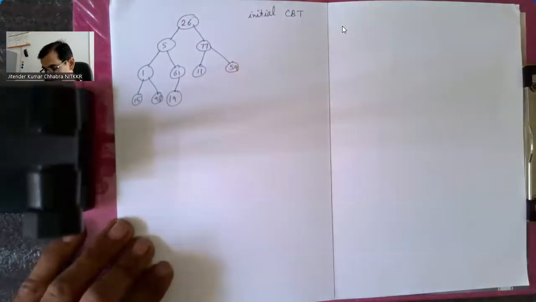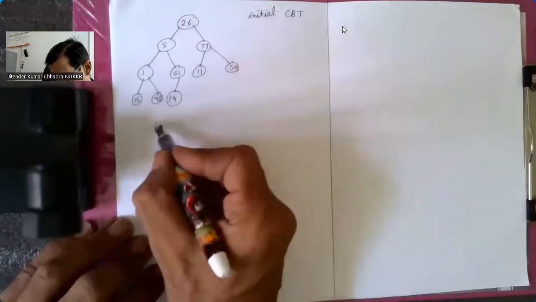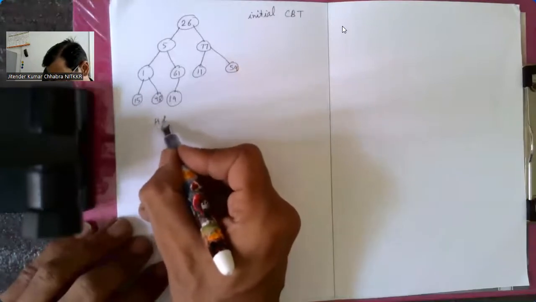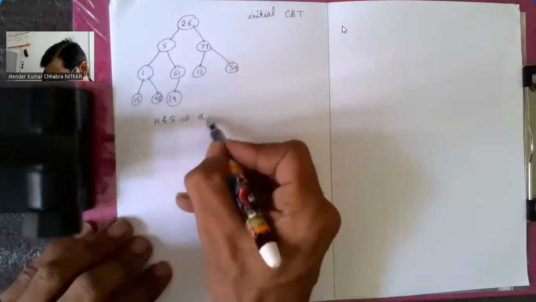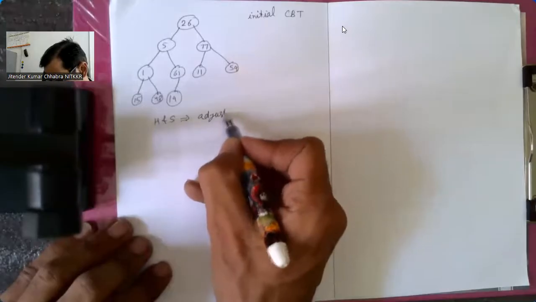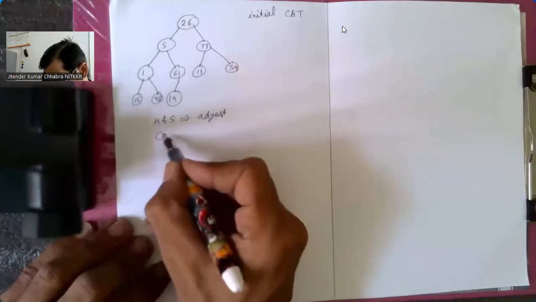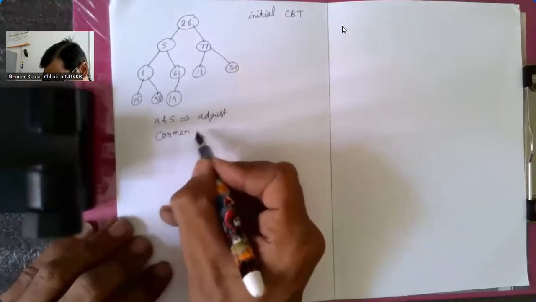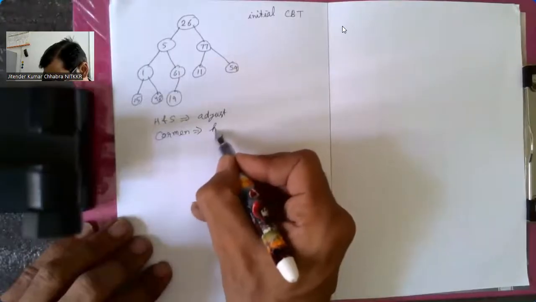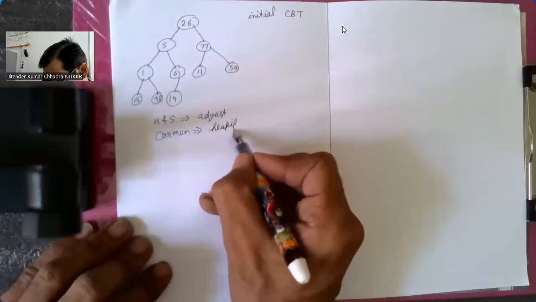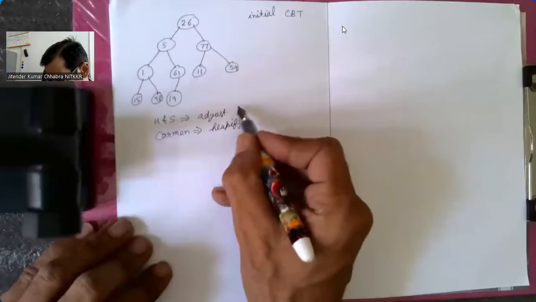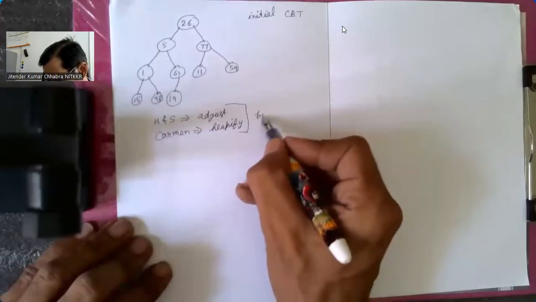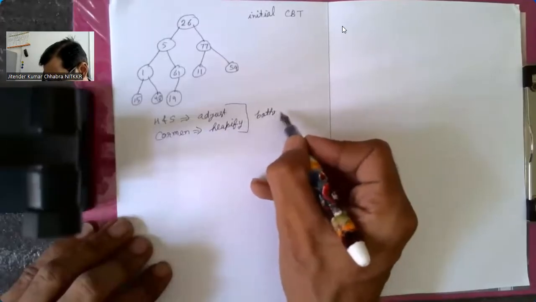I say this has to be heapified, or in the Horowitz and Sahni book, the operation name is called adjust. In Cormen, the algorithms book, which you will study in detail next semester, this operation is called heapify, max heapify. So one and the same thing, both are the same.